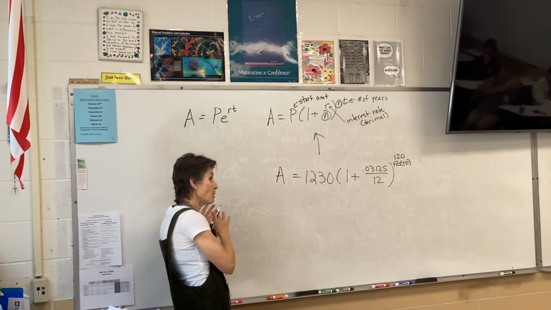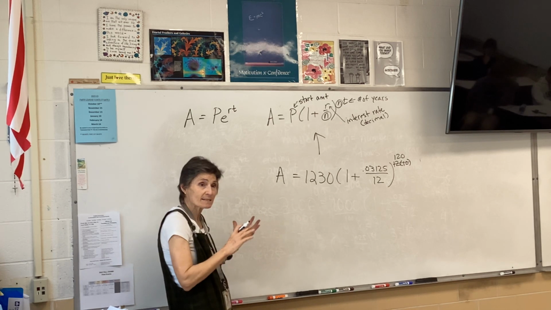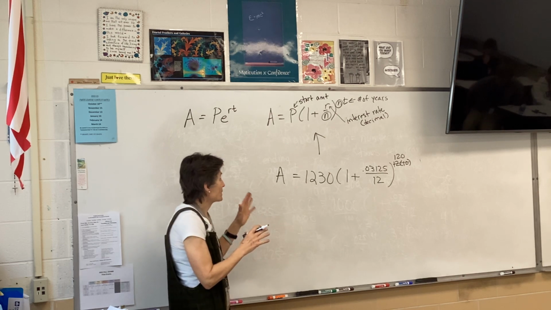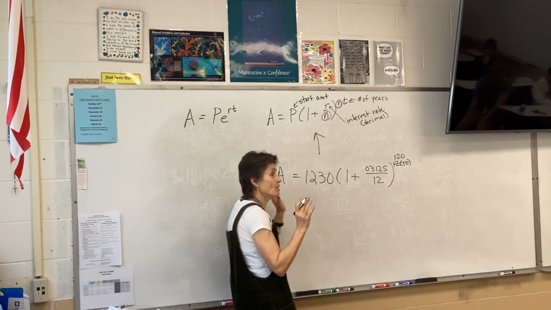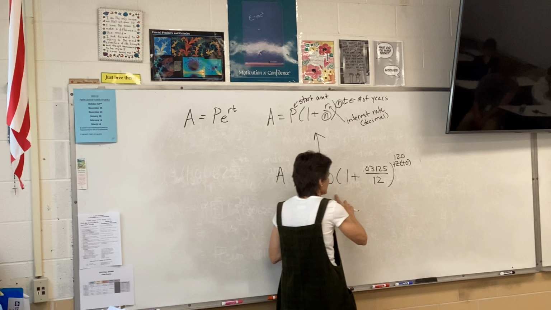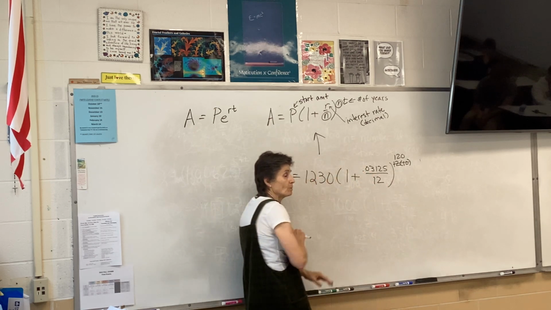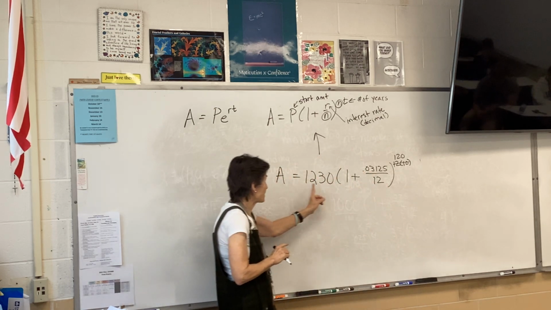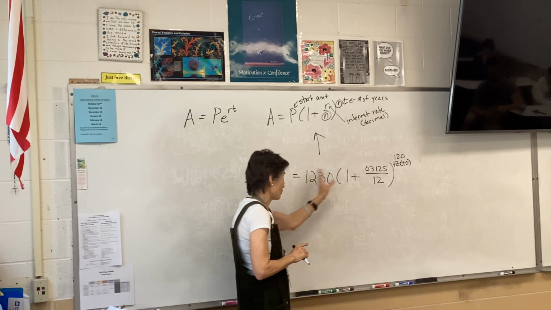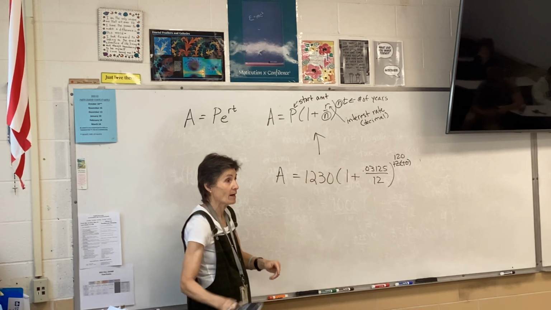Now, this last problem we did was messy as heck, not this one. You don't need logarithms, you don't need anything. You're just gonna type in exactly what you wrote down. You're just gonna type that straight in. And whatever you get, that's gonna be your A value.